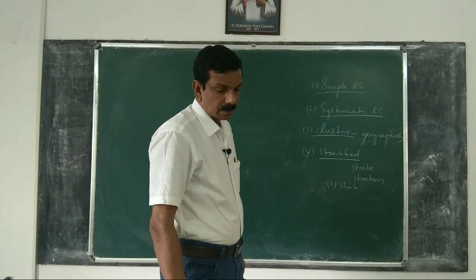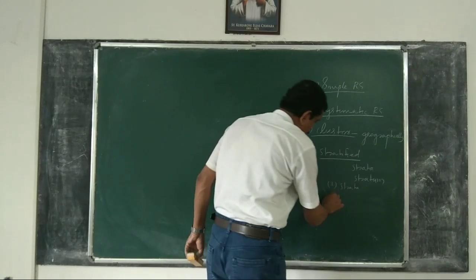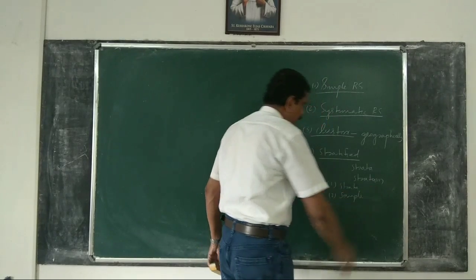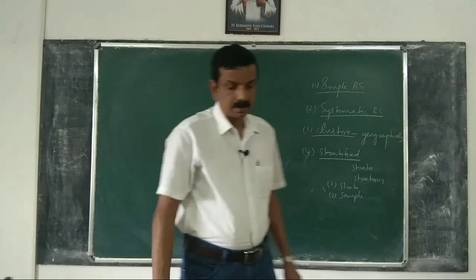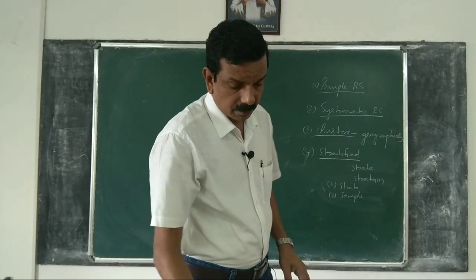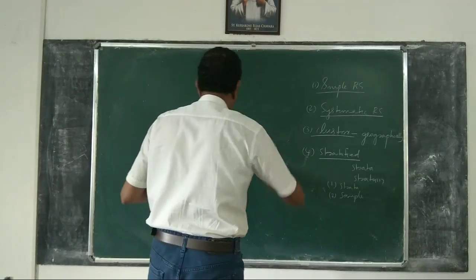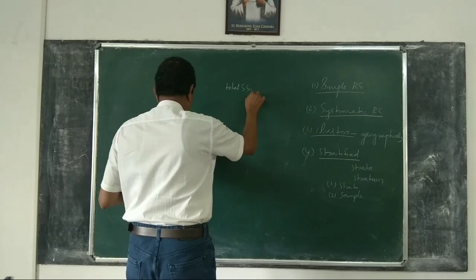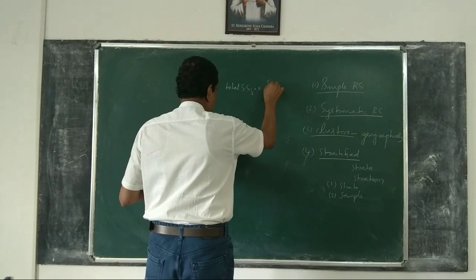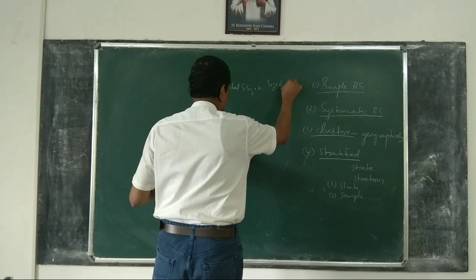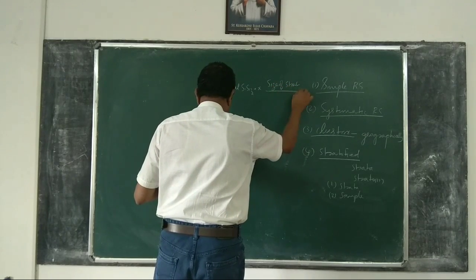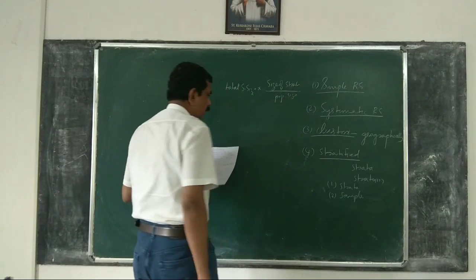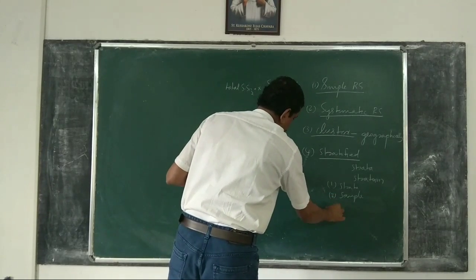Second, from each stratum, obtain the samples using simple random sampling using the formula: total sample size into size of stratum divided by population size, and use the numbers so obtained.